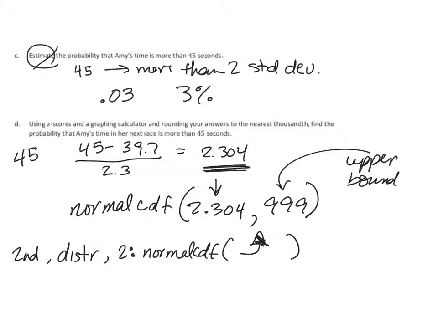And I get a probability of 0.0106. That's itty bitty, right? But that's what we're going to do. I see a mistake here. Thousandth, so this should be a 1. 0.011. I'm going to draw a picture on the next page.